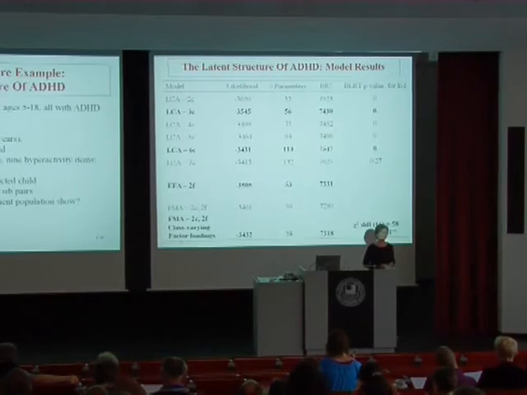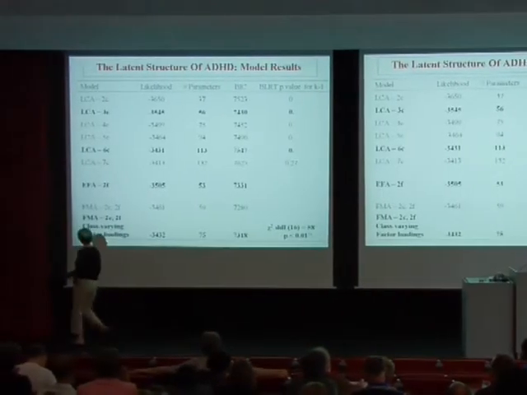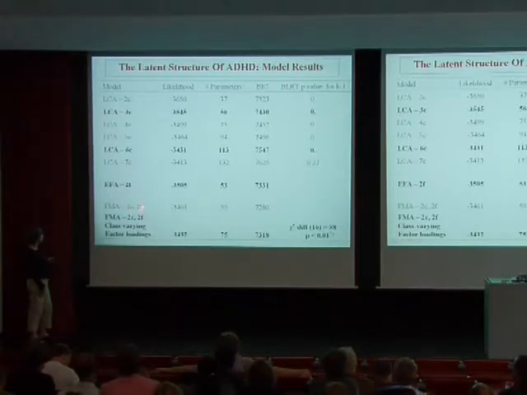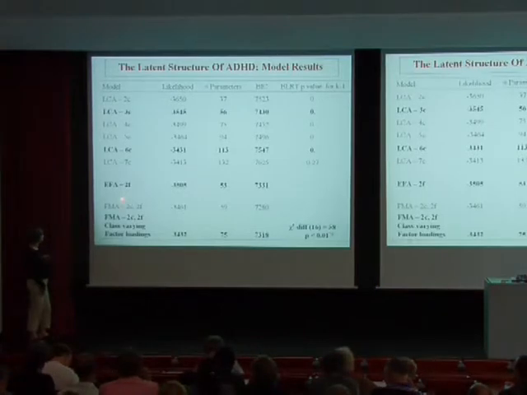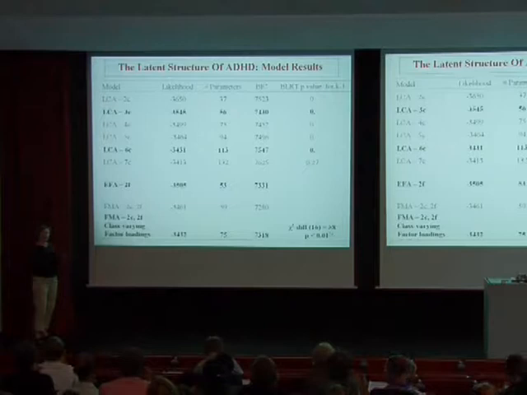So then we went on, and what's new on this slide is at the very bottom. We decided to do an FMA two-class, two-factor, with measurement invariance, with thresholds and factor loadings held equal, and then also an FMA two-class, two-factor with class-varying factor loadings, so where the factor loadings are not held equal across classes.